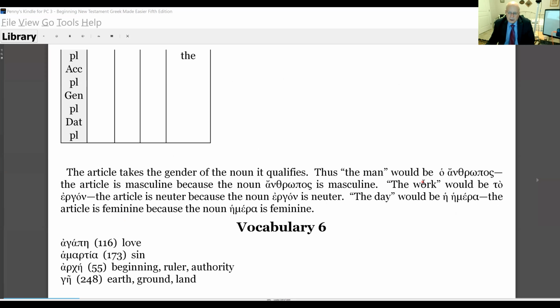The man is ho anthropos. The article is masculine because the noun anthropos is masculine. The work is to ergon. The article is neuter because the noun ergon is neuter. The day is he hemera. The article is feminine because the noun hemera is feminine. Again, there is no article ha with alpha pure nouns, only he.